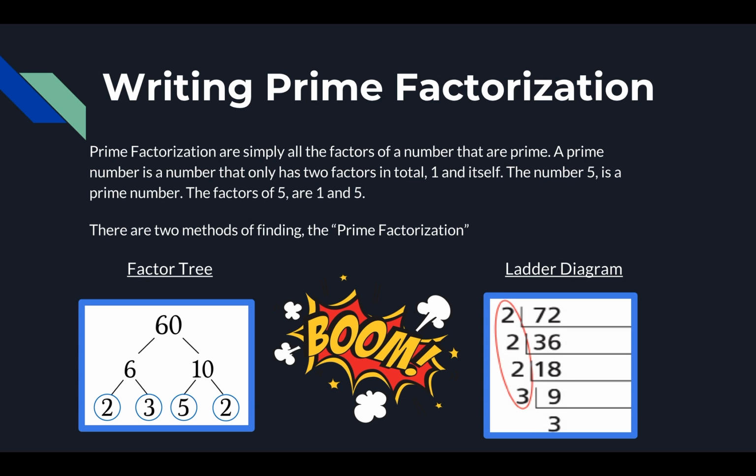This has to be a prime number: 2, 3, 5, 7, 11, things along those lines. You keep dividing by a prime number until you get a number that cannot be divided anymore. So 2, 2, 2, and 3 are the prime factors.